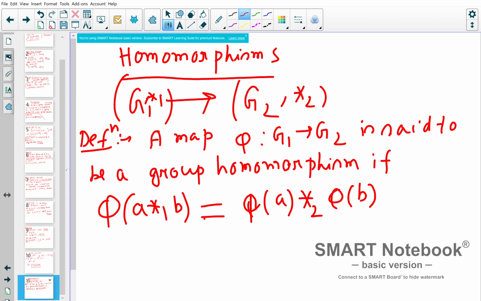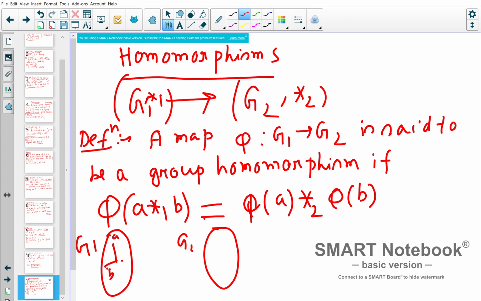Okay, so how do you check it typically? You have two groups, G1 and G2, and two elements, say A and B, and you do the star operation. It is AB or A star, whatever. This element has its image here, and this element has its image here, and this is the image of these two.